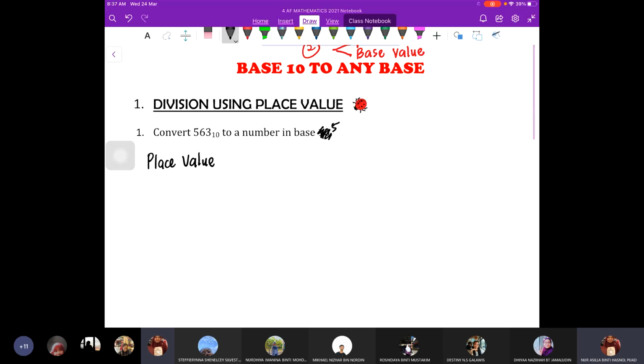Now, place value yang dia masukkan dekat sini is place value of base 5. Base 5. Okay. So base 5 dia akan start dengan, patut saya buat terbalik ke? Okay. Macam ni lah. Base 5 saya ambil ruang sikit kat atas ni.